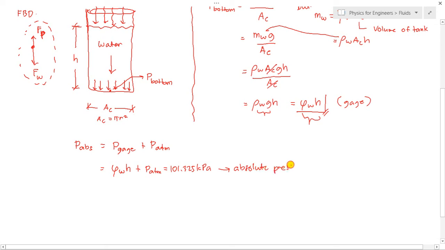Okay, so this is now our absolute pressure. If we have a positive gauge pressure, that is above atmospheric. If we have a negative gauge pressure, our absolute pressure would be below atmospheric.